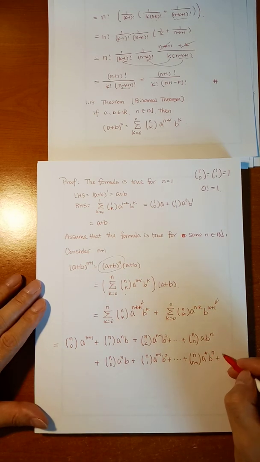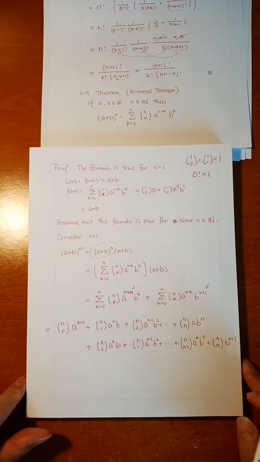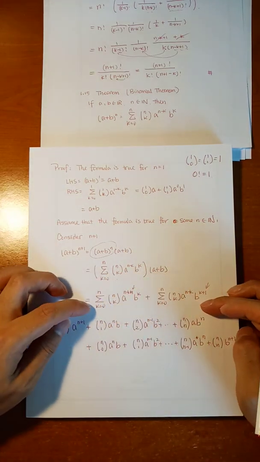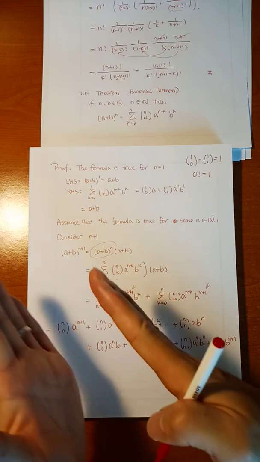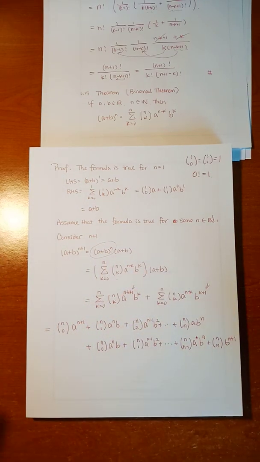And when k is n, a disappears, you will have b^(n+1). Okay, so this is the writing. You just expand those two sigmas, but shift by one position.